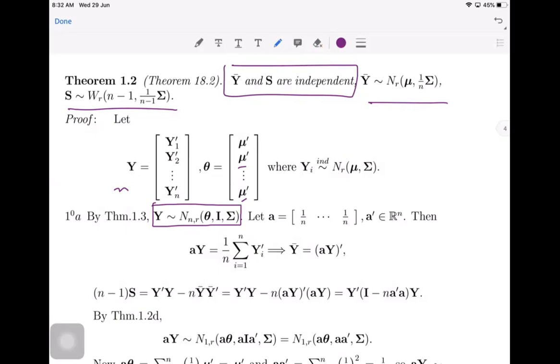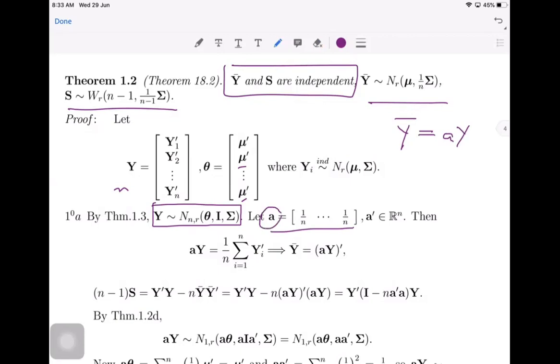Now we try to rewrite y bar in terms of y by multiplying it by a vector a, where a comprises entries of 1 over n, and a prime is n by 1.